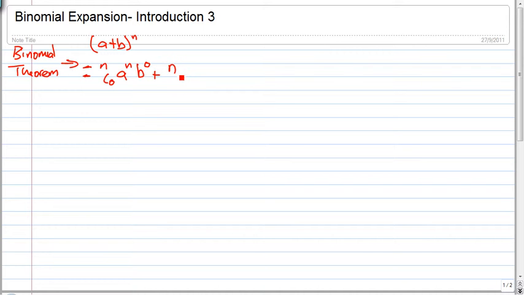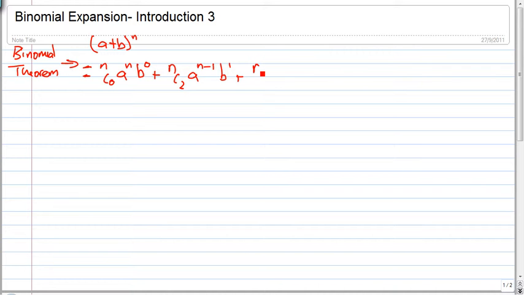Then we go on to the next term. We use nC1. Now the powers of a start to drop. So a to the power n minus 1, b to the power 1. You realize the powers of a and b must always make up n. N minus 1 plus 1 is also equal to n.